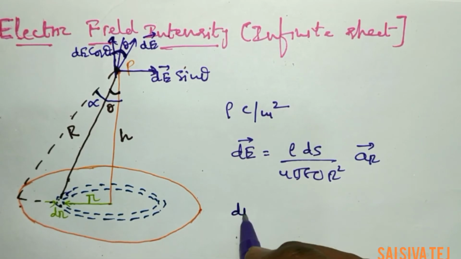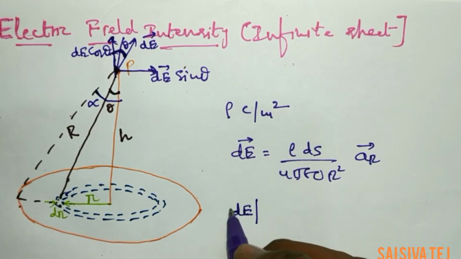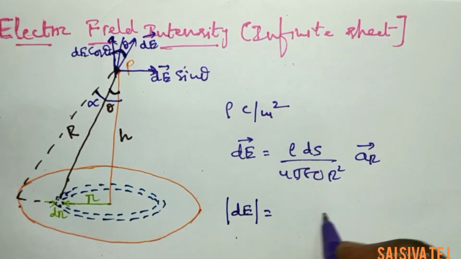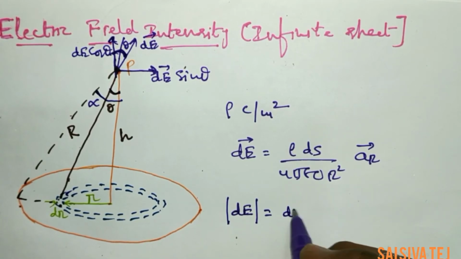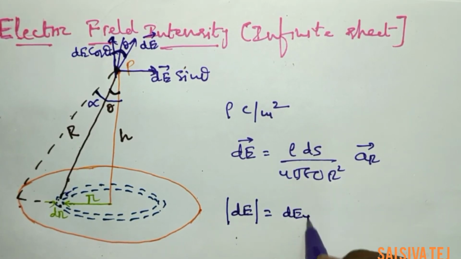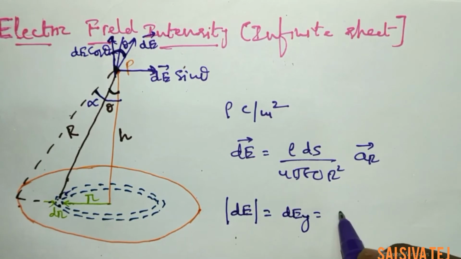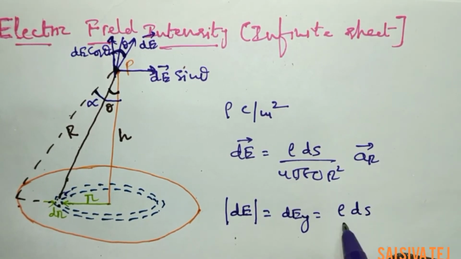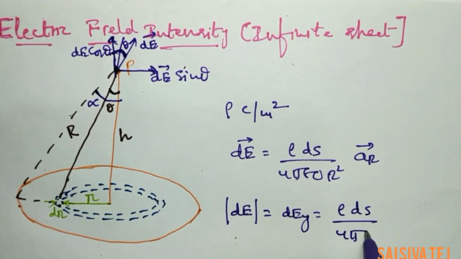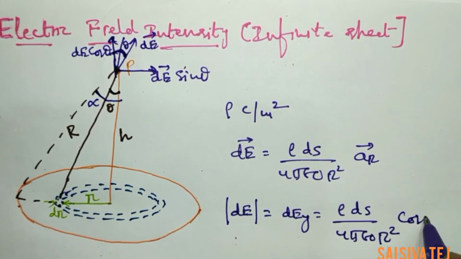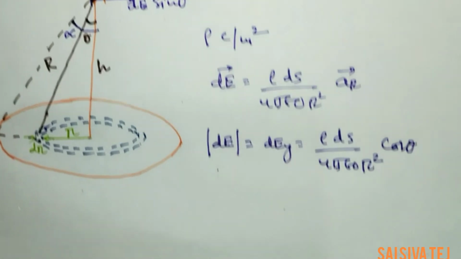Hence, considering the magnitude alone, we have dEy, the vertical component, given as rho ds divided by 4 pi epsilon naught R square cosine of the angle theta.